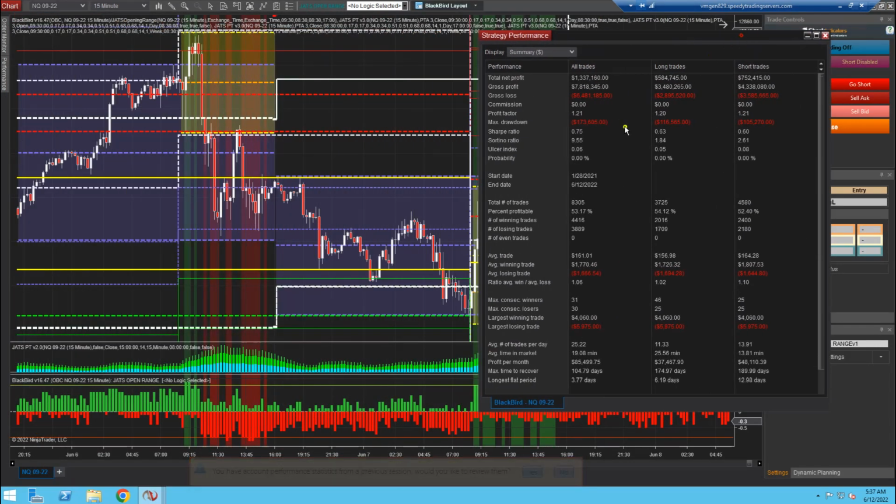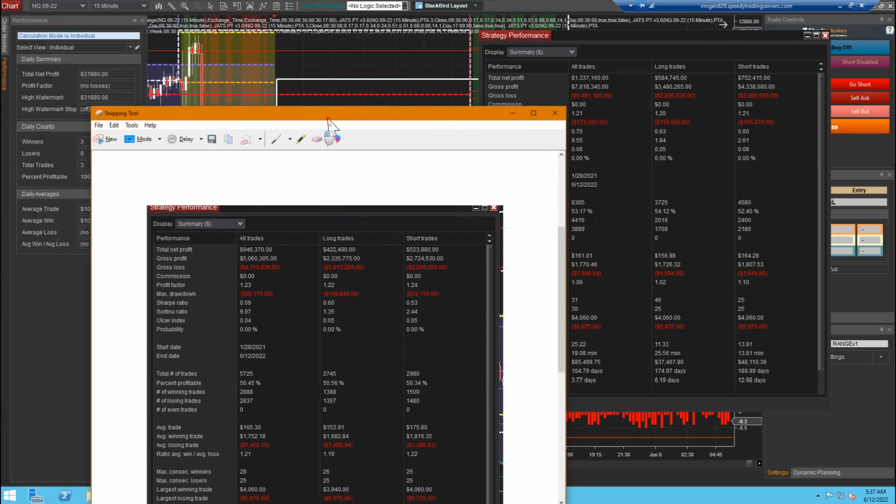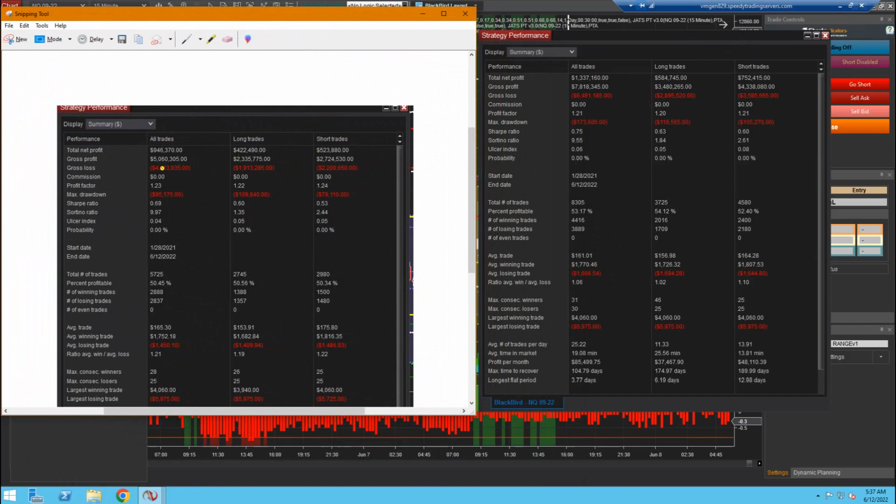So it looks like the profit factor is about the same, 120s. The percent profitability 50, 53, 54, 52, 25, 25, 26, 25 versus 46, 25.